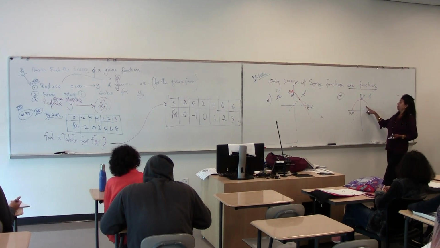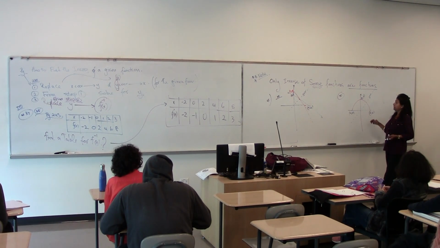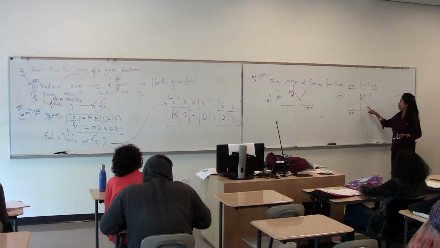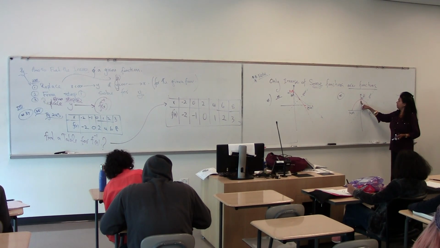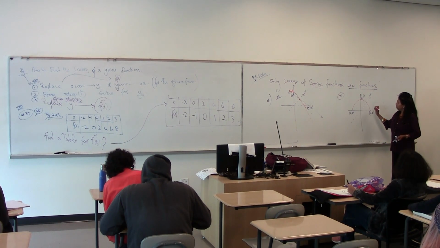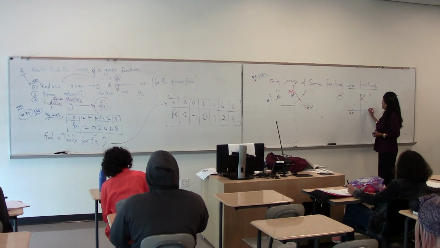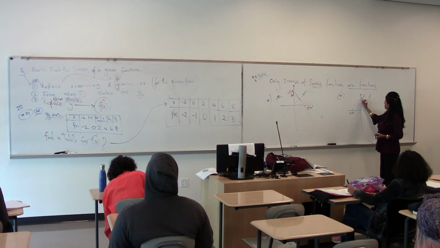So for the new graph, we are going to switch, right? If you switch, (0, 2) is going to be (2, 0). So this point is here, and it is the mirror image of this.